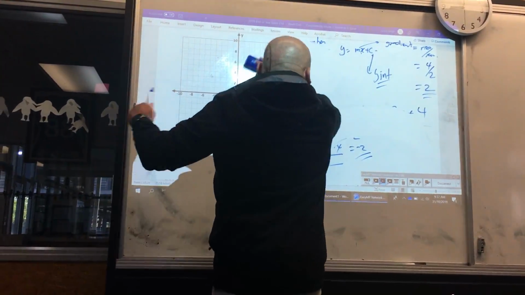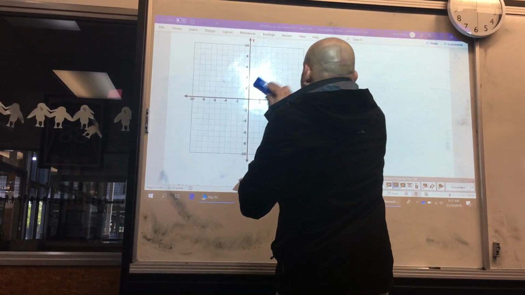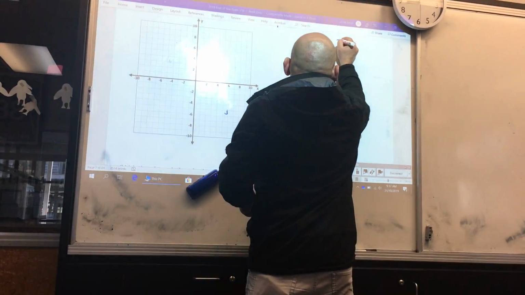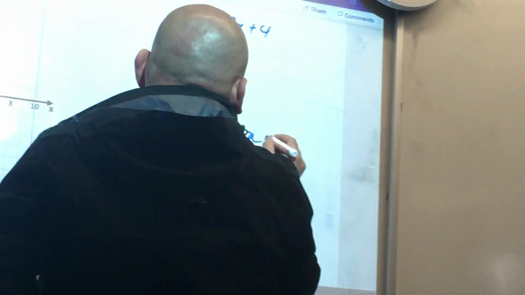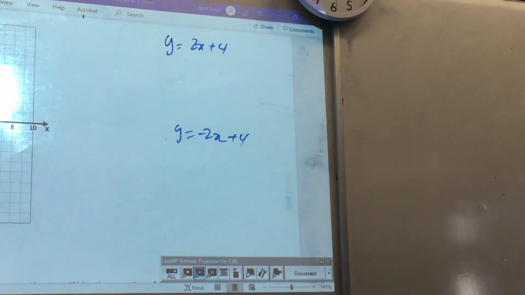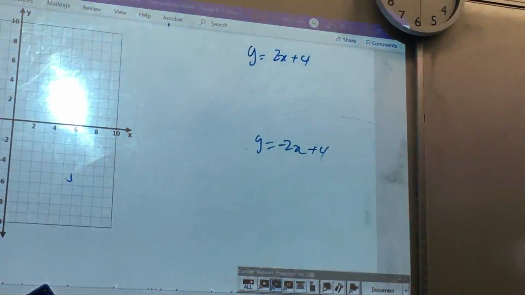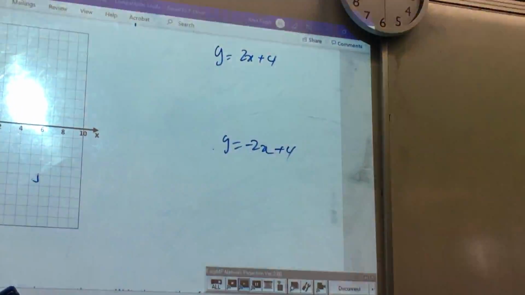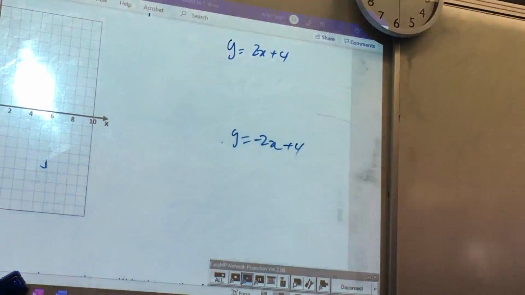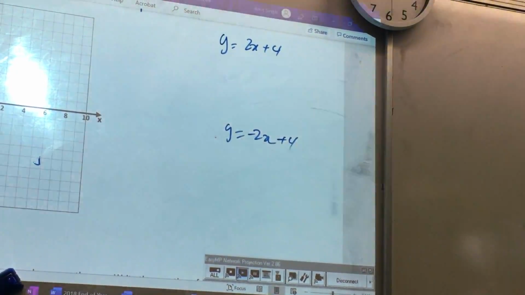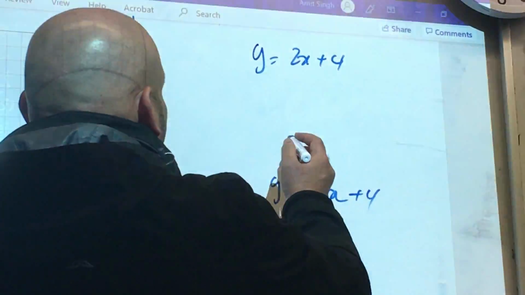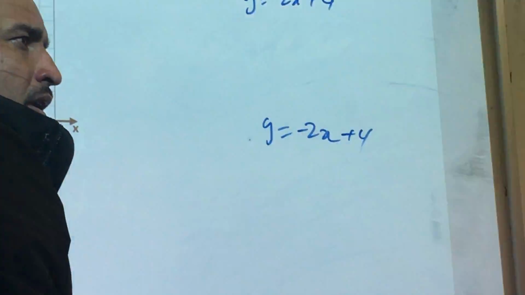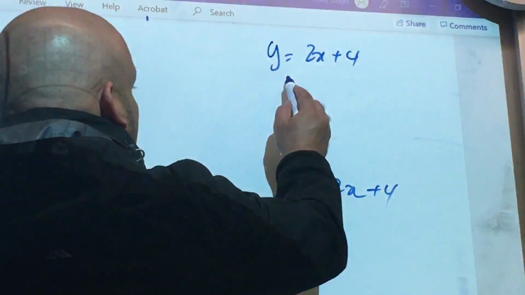Now I'm giving you these equations: y is equals to 2x plus 4 and y is equals to negative 2x plus 4. Now you have to do the graph from the equation. In year 11 you don't have to worry about it because you'll do that in the graphic calculator. You can zoom to, okay. So how have I taught you this one? Let's grab this one.